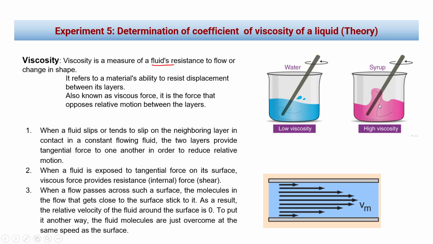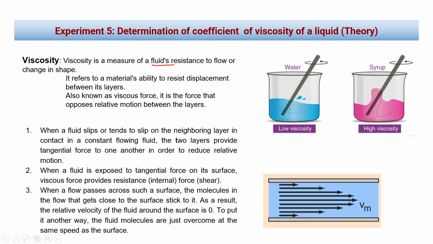What causes this resistance in any fluid is the cohesive force again. When we were discussing surface tension, there also we were talking about the cohesive force between the molecules of that liquid, because of which surface tension happens.